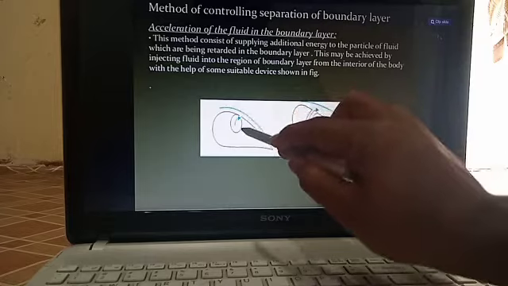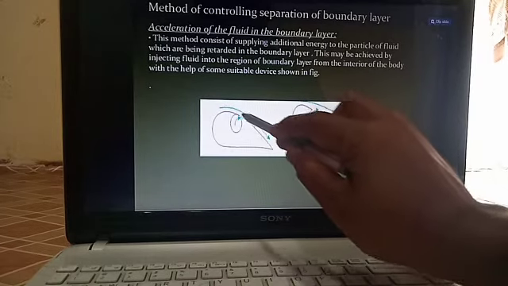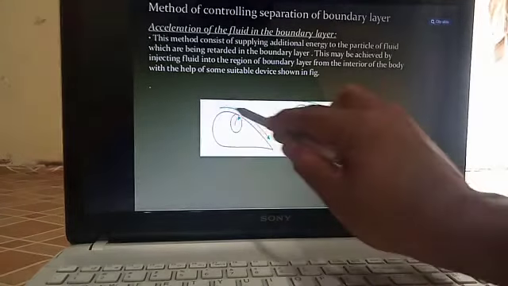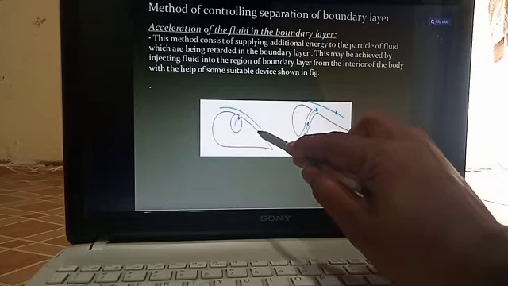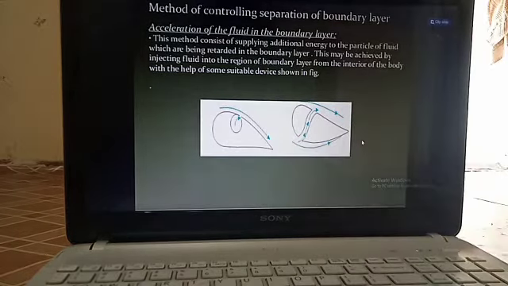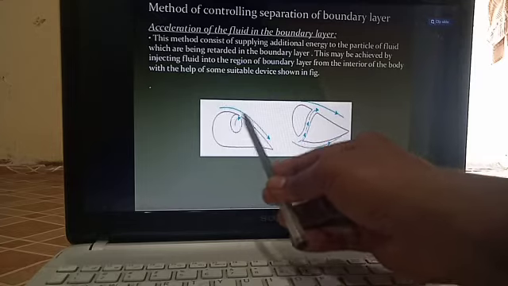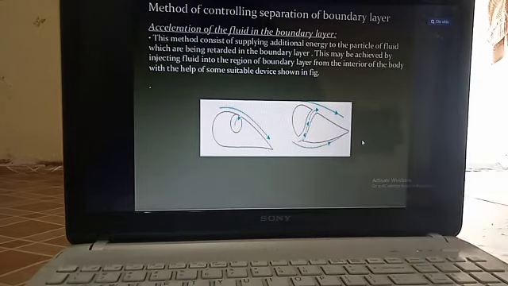But by injecting fluid particles, these boundary layer fluid particles get additional energy, and due to this the retardation effect will be minimized. So this first method is acceleration of the fluid particles from inside the body to the boundary layer.